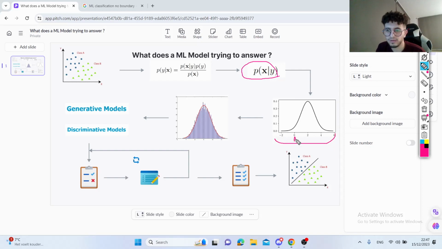This is the distribution of heights for men. Let's suppose it says that the probability for a man to have a height of 180 is some number here. So if I know that, I can answer this question, and if I know this question, I can answer this question.